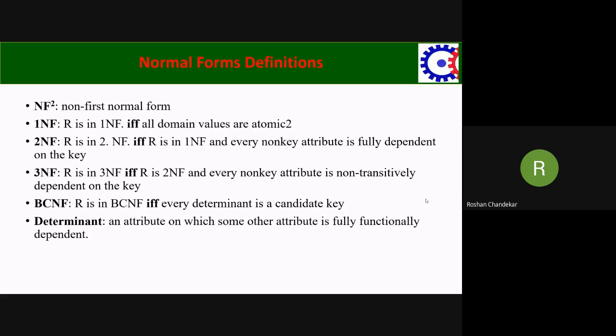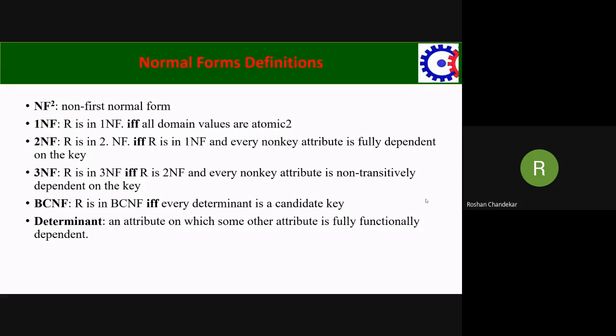So there are definitions of the normal forms. First normal form: a relation R is in first normal form if and only if all domain values are atomic. Second normal form: a relation R is in second normal form, or 2NF, if and only if R is in first normal form and every non-key attribute is fully dependent on the key.